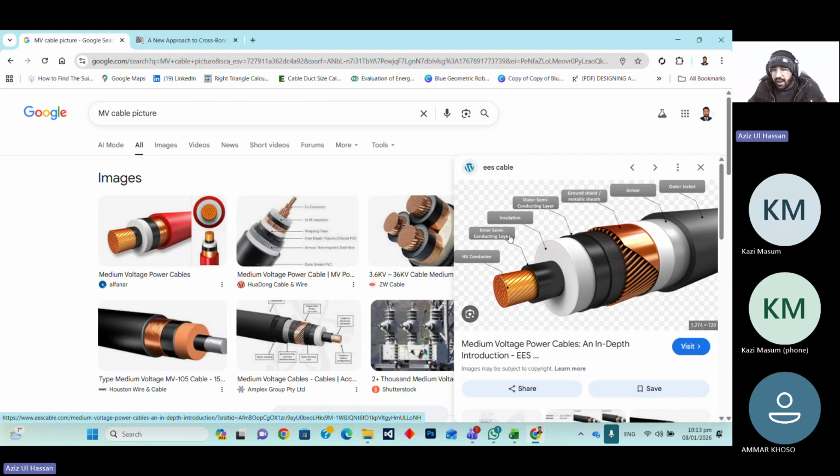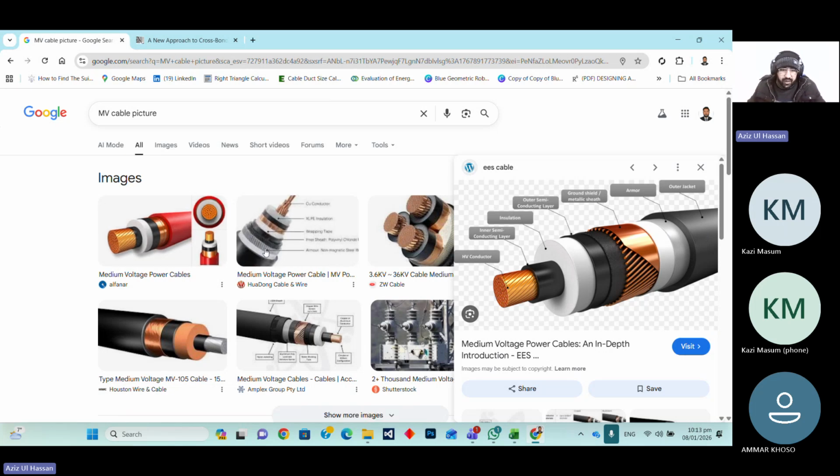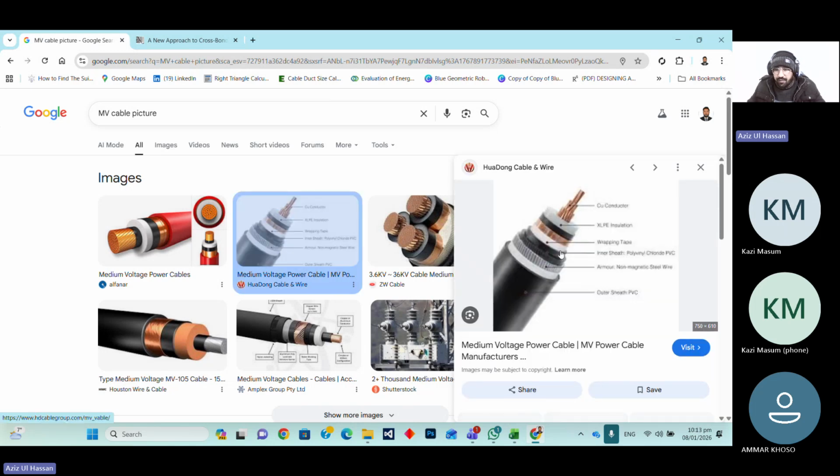So when we have to size or check cables, we have to know about them. Outer jacket, then armoring. Armoring means protection; you can see that some cables have aluminium armoring, aluminium wire, or non-magnetic steel wire. That is why it is called the armoring of the cables.